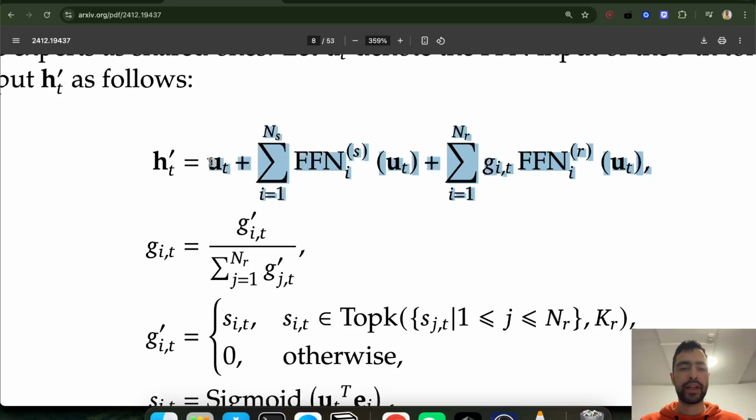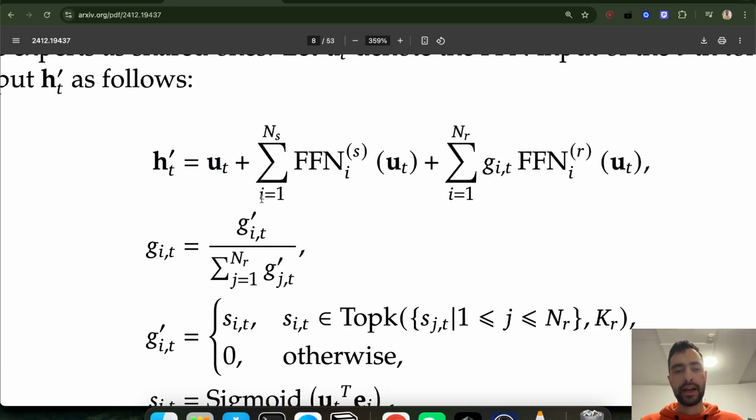This is that formula here. First of all, this u_t is the vector that we get from the attention mechanism, the vector that's passed through this mixture of experts. This h_t is what we get after this feed-forward mixture of experts layer. Let's for now ignore this last term; I will explain it last.